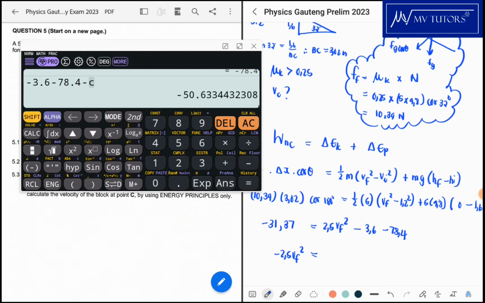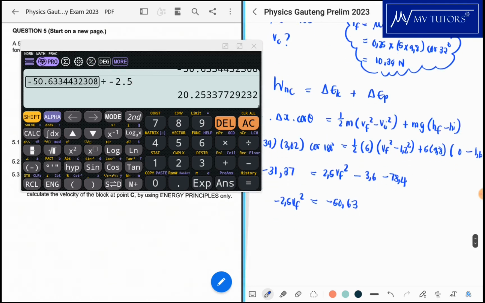Oh no, still going to be a negative answer. But yes, negative 50.63 makes sense. Guys, you must always question your answers, okay? Because negative 3.6 minus 78.4 is probably negative 80 something, and negative 80 something plus 30 something should be negative 50 something. Okay, so now we take this and divide it by negative 2.5.